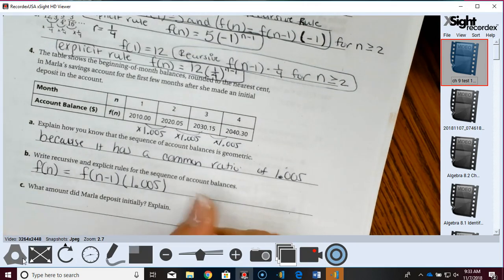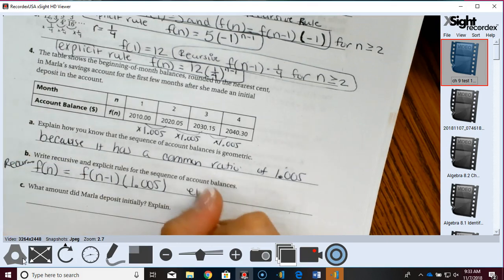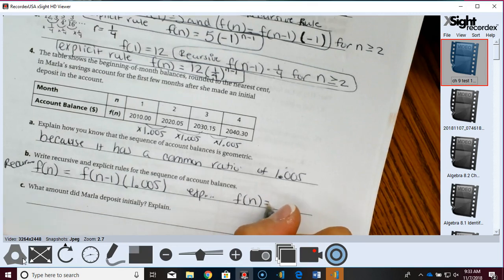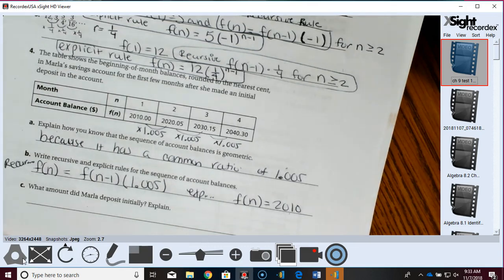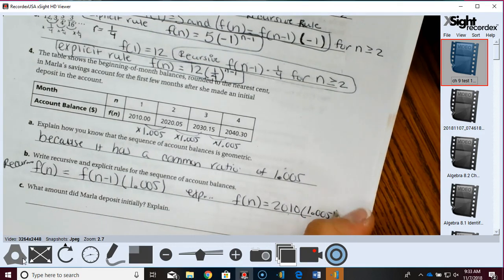Your explicit is going to be f of n equals your first term times, what's my common ratio? 1.005 to the n minus 1.